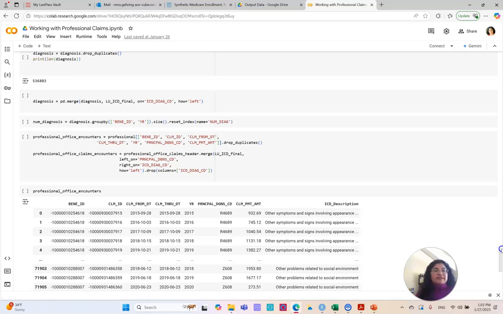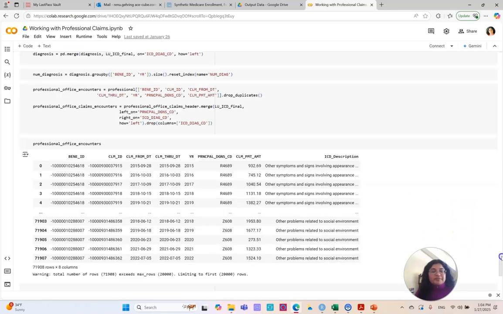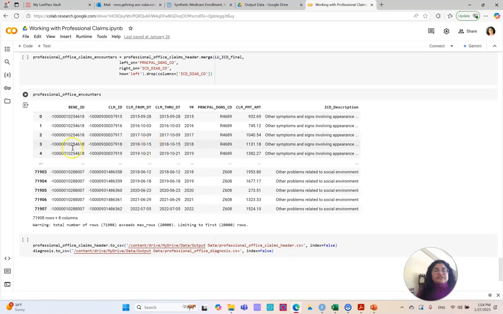And then in my last step, I subset my professional data for the following fields and I drop the duplicates, if any. And these are my professional office encounters. So then I printed out my professional office encounters, and that's what I have: Bene ID, claim ID, the date, the principal diagnosis, what is paid, and the ICD.